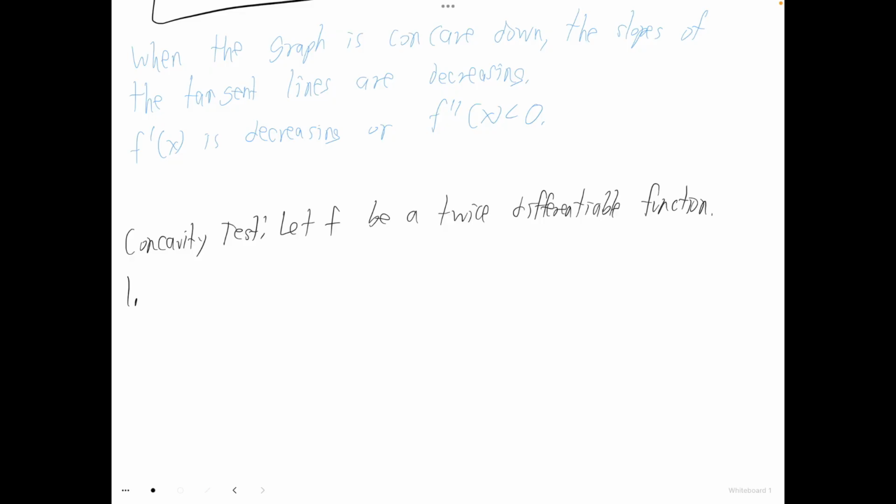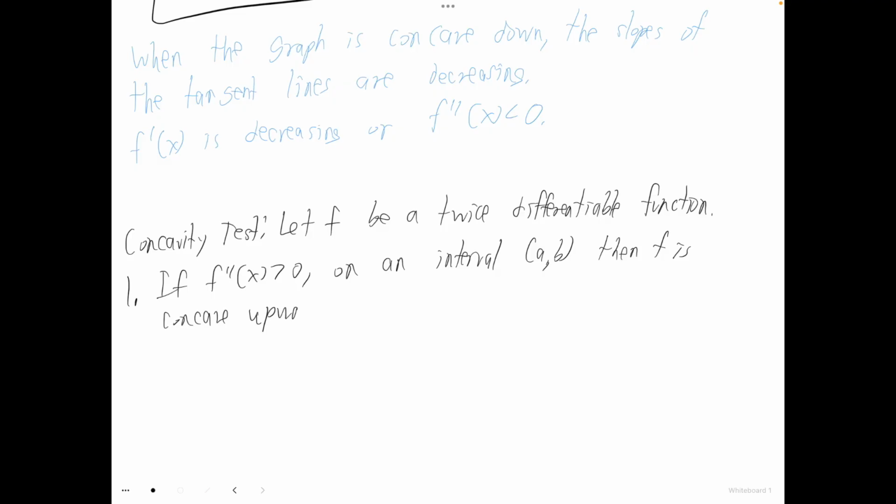And so first, if the second derivative is greater than 0 on an interval a to b, then f is concave upward on that interval a to b.